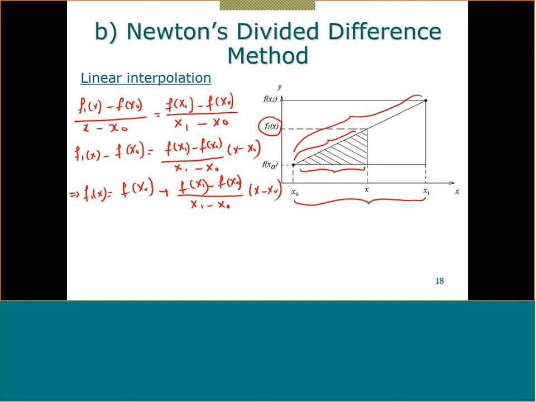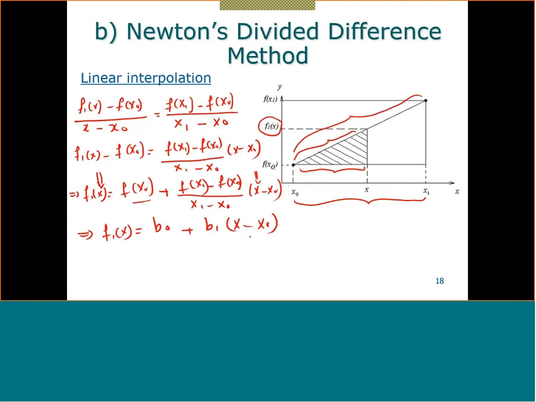So the only variable here is x, this x and this x. The rest are constants. f of x0 is a number, f of x1 is a number, and so on and so forth. Now I will put this in this format. So f1 of x is nothing but, I will call this b0 plus b1 times x minus x0.